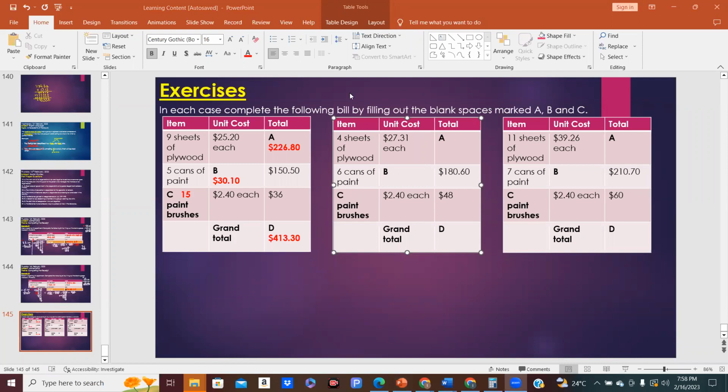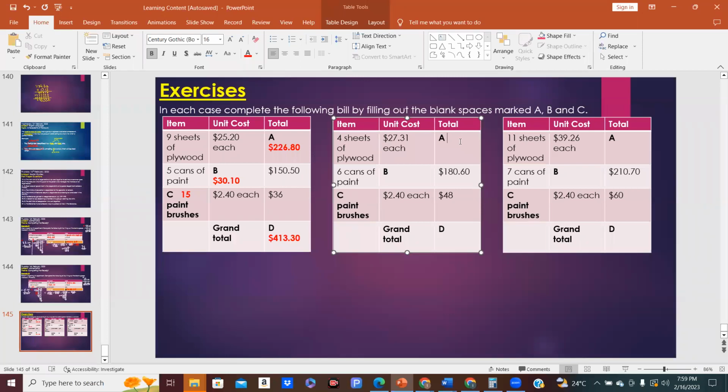Go ahead, Jensen. All right, so number 2, I have 27.31 times 4 is 99.24.